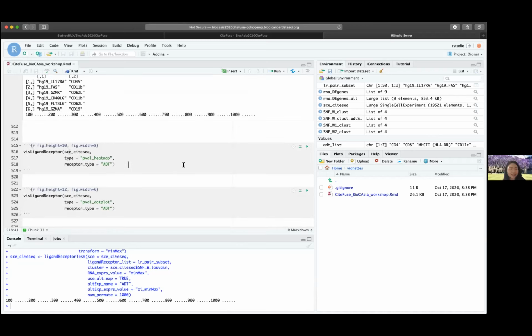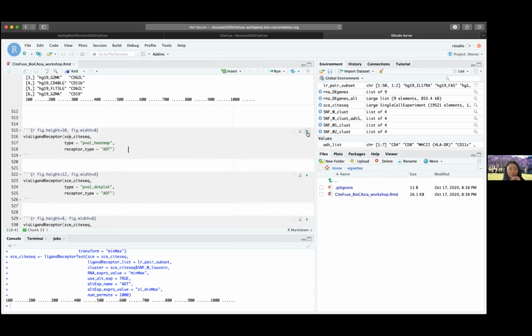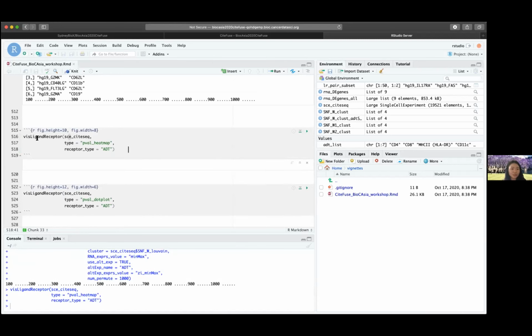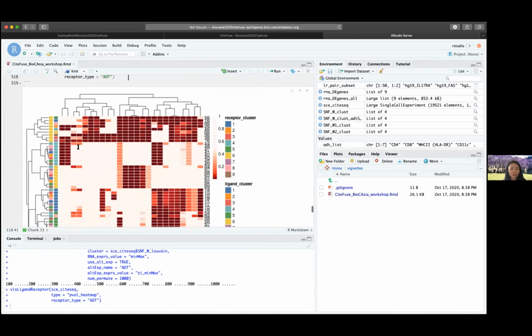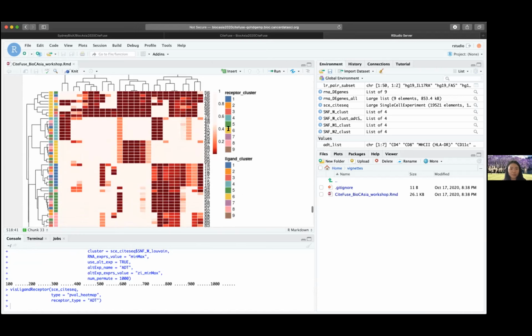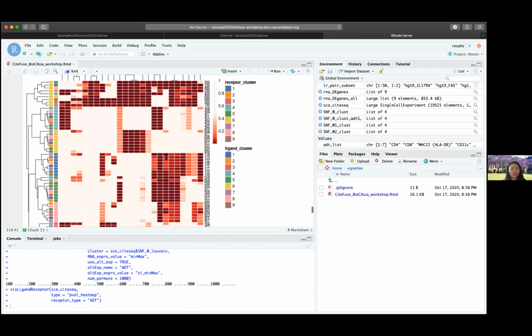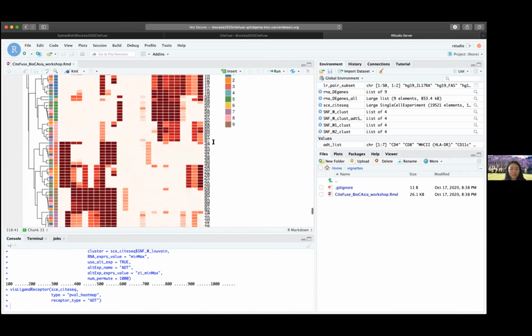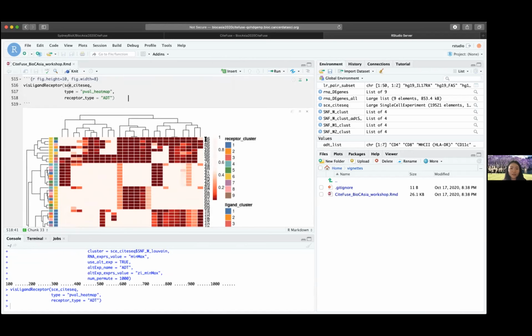Next we can visualize our ligand receptor results. Using this function, we can visualize, for example, the p-values, whether it's significant. The rows here indicate the clusters, so for example, this is cluster 5 as the ligand cluster and 6 as the receptor cluster.